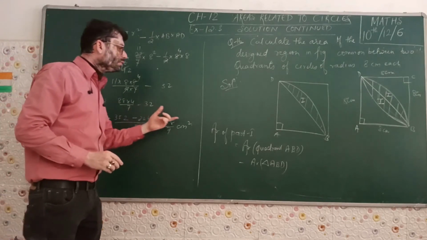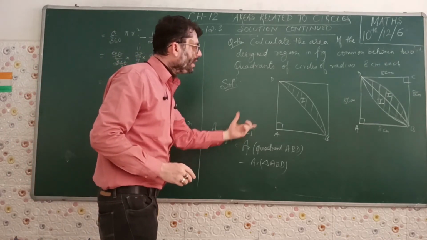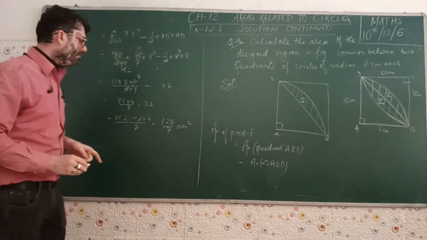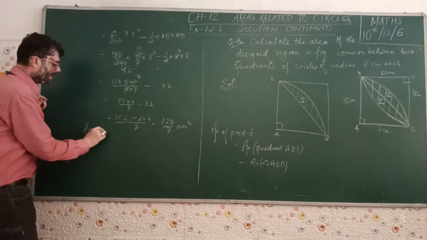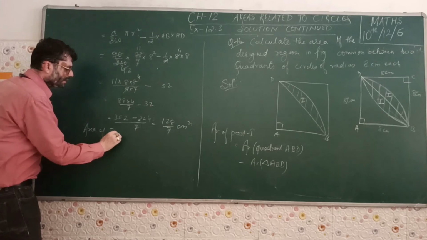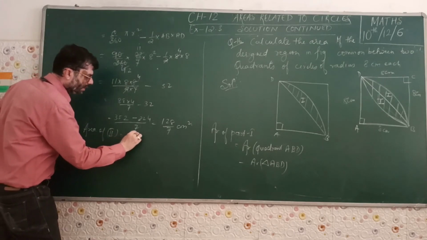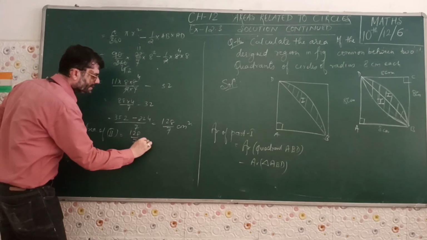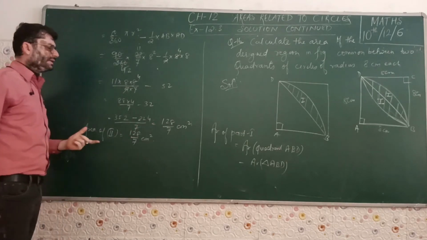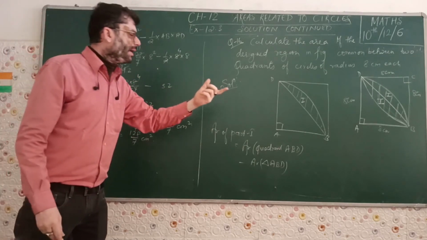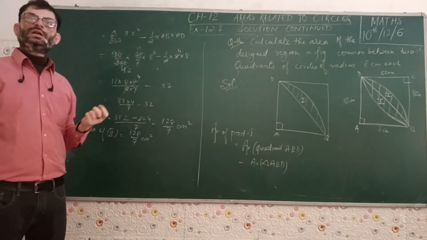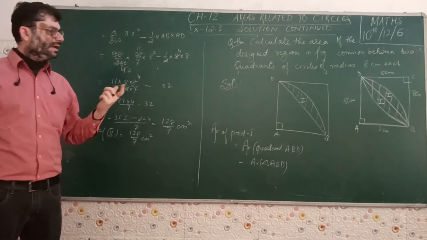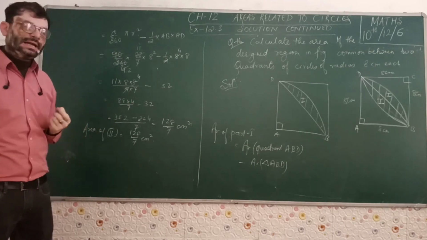Now, as I have told you earlier also, the area of part 1 will be the same as the area of part 2. So we will just write it and not calculate again. So the area of part 2 is also equal to 128 by 7 centimeter square. As we get the area of part 1 and part 2 both as 128 by 7 centimeter square, now we can find the total area of the shaded region by adding area of part 1 and area of part 2.